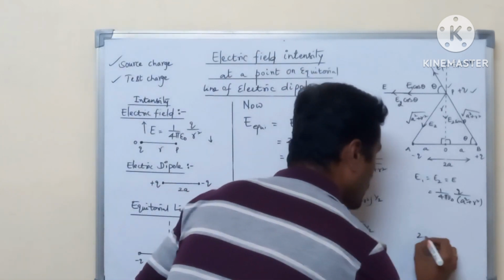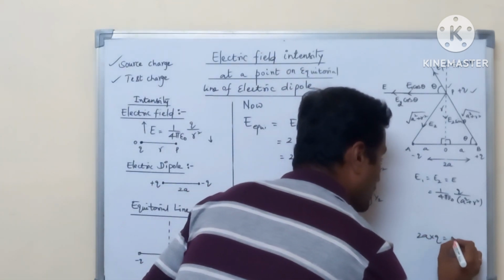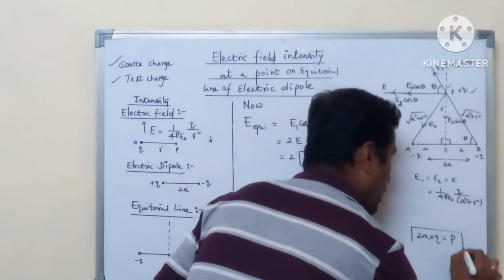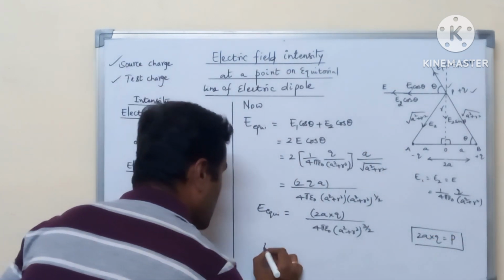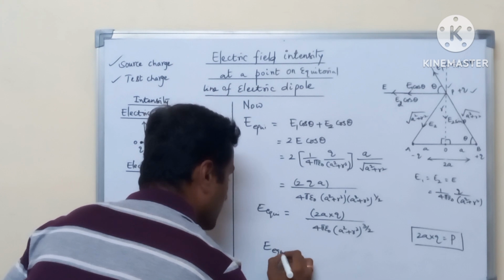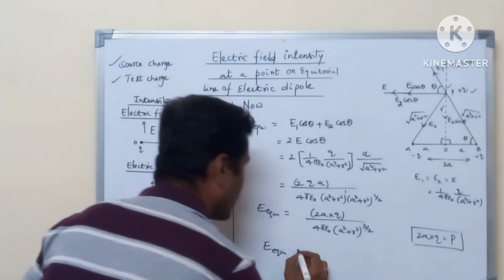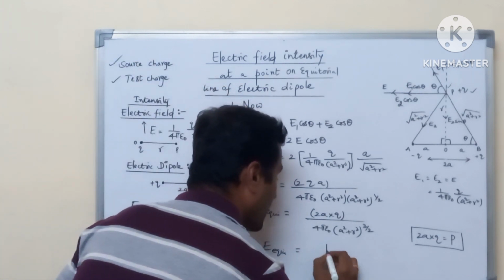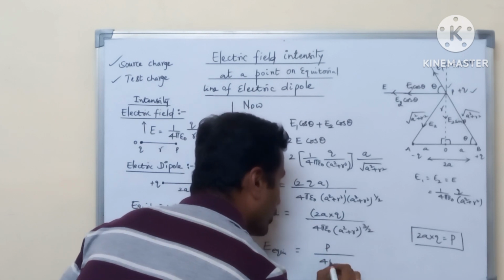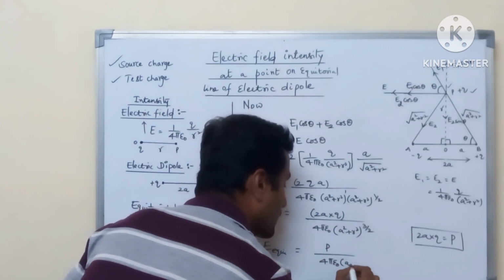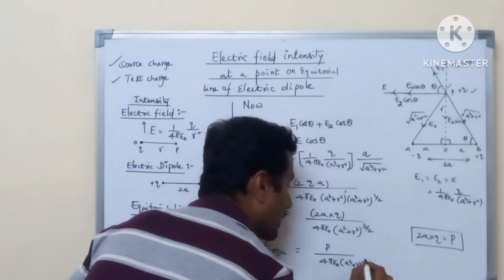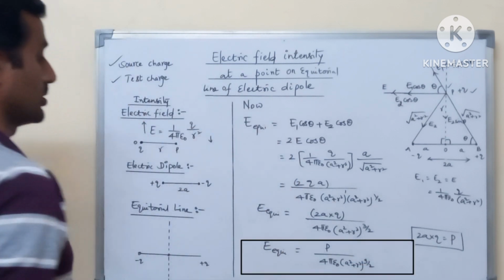Here 2a into q is equal to the electric dipole moment P. So along the equatorial line, the electric field intensity is given by P divided by 4 pi epsilon naught into a square plus r square whole to the power of 3 by 2.